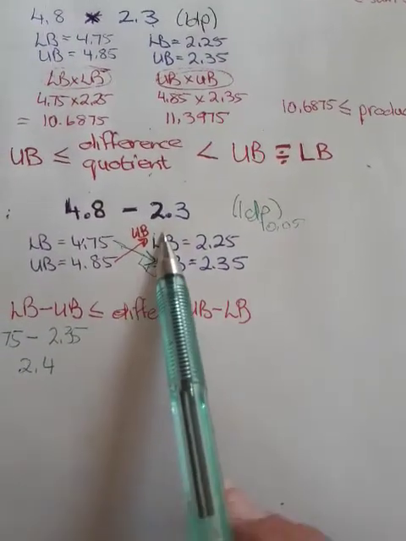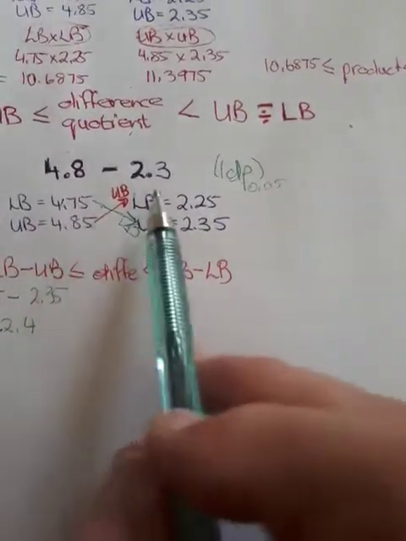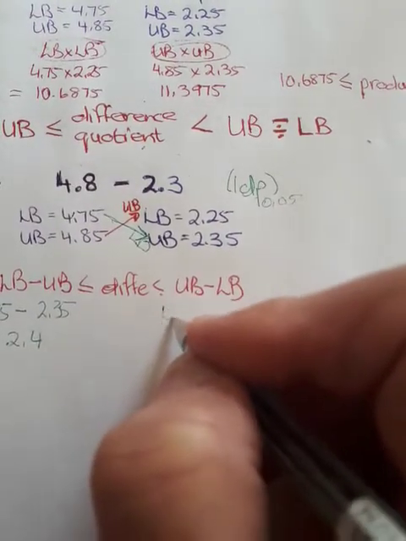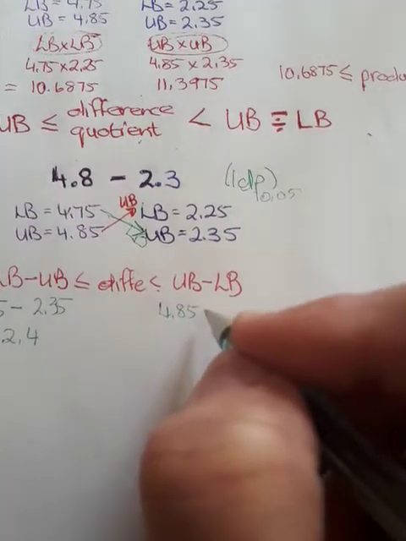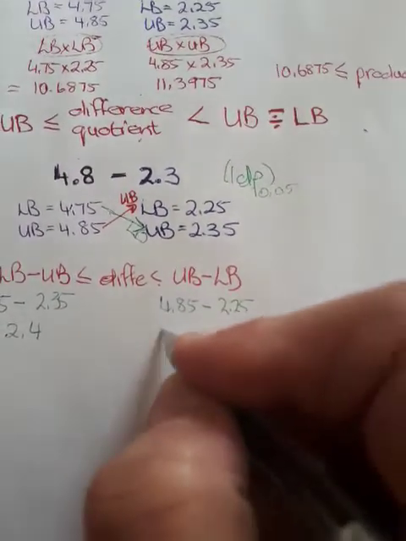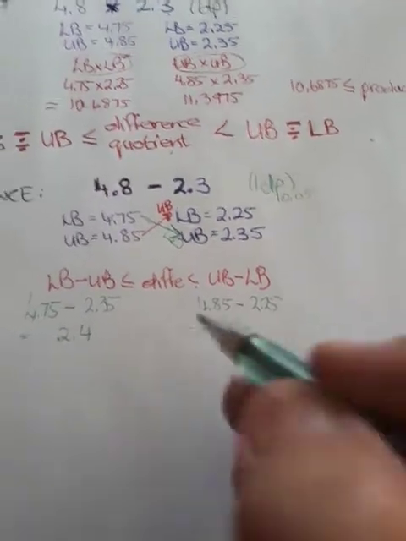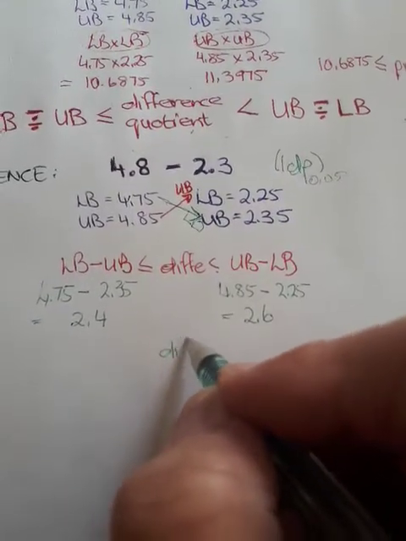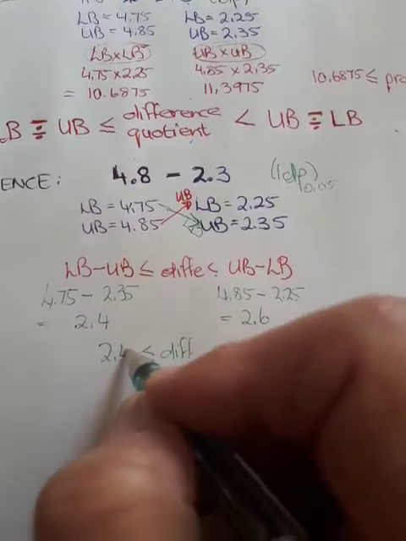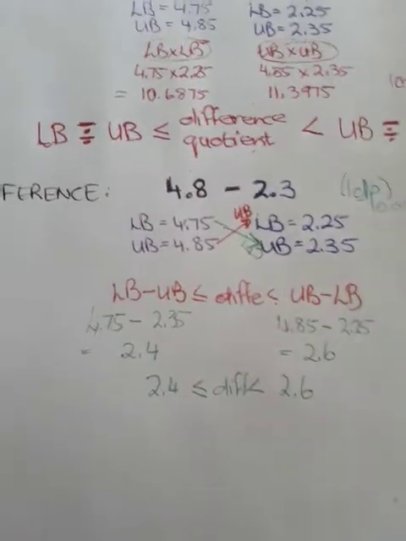This is a nice way to remember that it goes over cross if you keep writing it that way. So now we use the upper bound, which is 4.85, minus the lower bound, which is 2.25, and that gives 2.6. So our difference will be greater than or equal to 2.4, and less than or equal to 2.6.